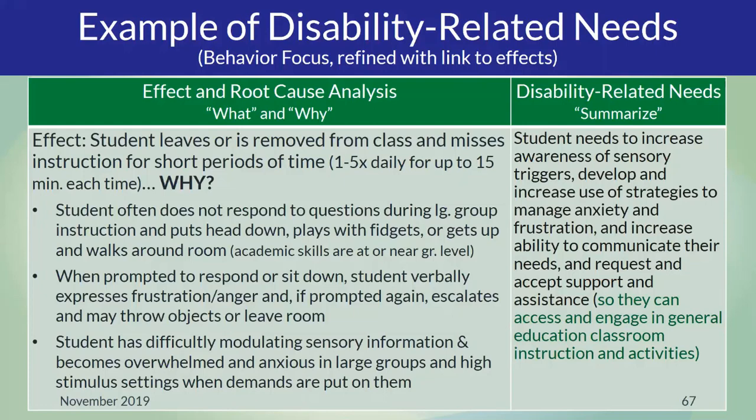So the IEP team determined the student needed to develop better skills to manage their awareness of and response to the types of stimulation they regularly encounter in general education. One would also assume that in addition to directly working on the student's skill, the student's IEP would also identify or specify supports in the classroom to reduce social and emotional needs, as well as environmental barriers to access and engagement.